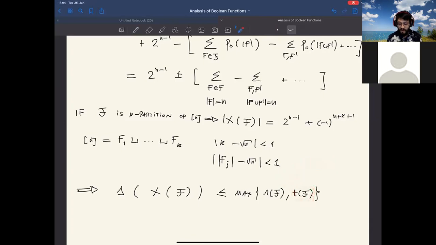And T of f is the maximal disjoint construction we can do. Well, this is the partition, so the maximum is k, and that's also bounded by square root of n plus 1. So this is less than square root of n plus 1.